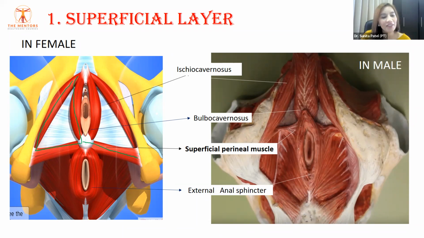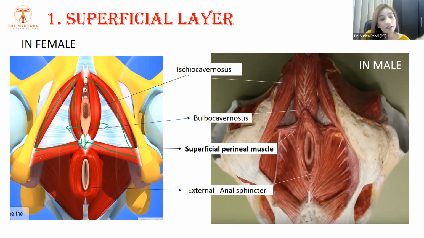Some books will tell you that it is a part of the urogenital triangle. Yes, it is, because whenever we need laxity, we need room to go inside the vagina. So these muscles will relax and go away, and this is also going to move outside, isn't it? So these muscles will help in the urogenital triangle.